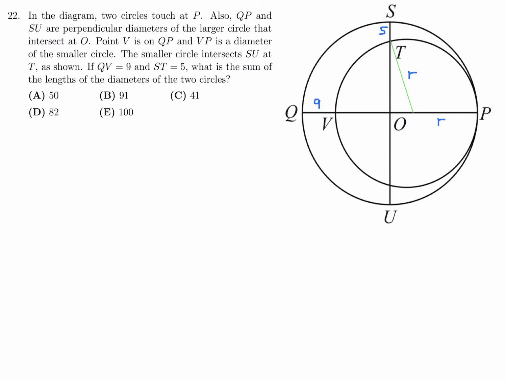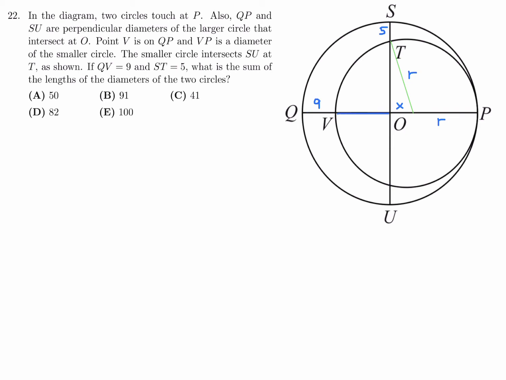That's given in the question. And now let's see here. This is also going to be small r. But I really want to get that distance, so I don't know what it is, so I'm going to call it x for now. And then this, of course, will be big R, the radius of the larger circle.